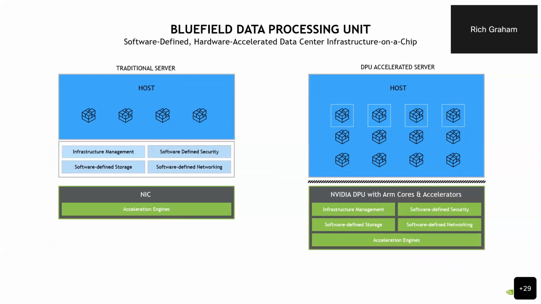So typical servers have, on the host side, the application running, but they do a bunch of other management activities also, whether it's infrastructure management, think of your resource allocator or the like. You have software-defined security, software-defined storage, and software-defined networking.